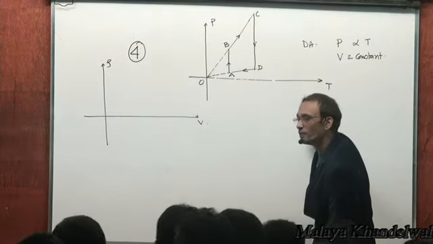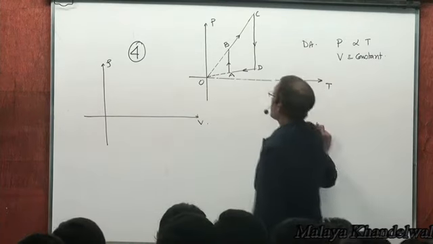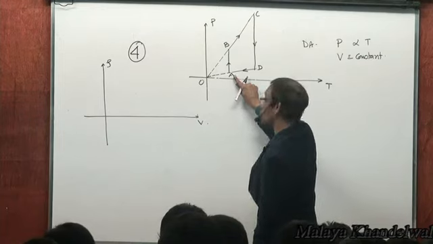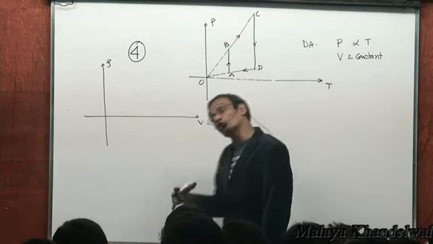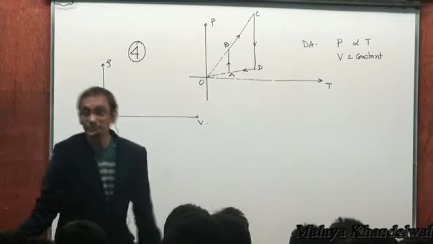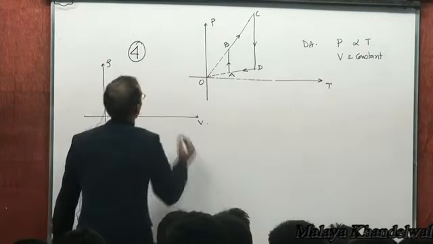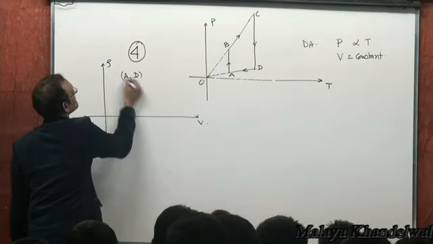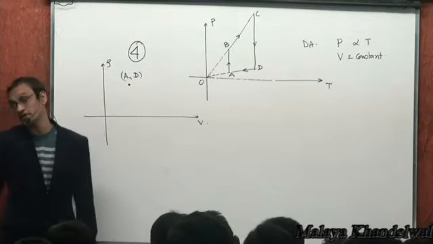Yes or no? That means if you're talking of the same volume, you're talking of the same density. Points A and D must be at the same rho and the same V. Same volume, therefore same rho, right?